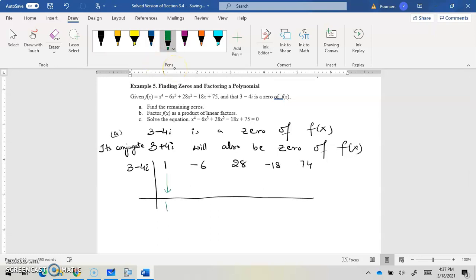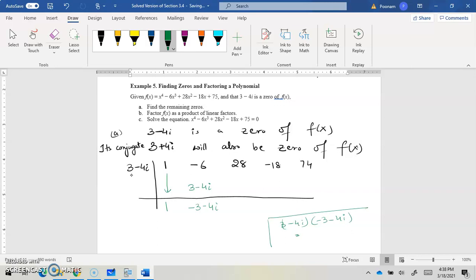1 goes down, multiply it by 3 minus 4 iota. When you add, only the real parts add. So negative 6 plus 3 is negative 3 minus 4 iota. Now multiply 3 minus 4 iota with negative 3 minus 4 iota. How do you do that?